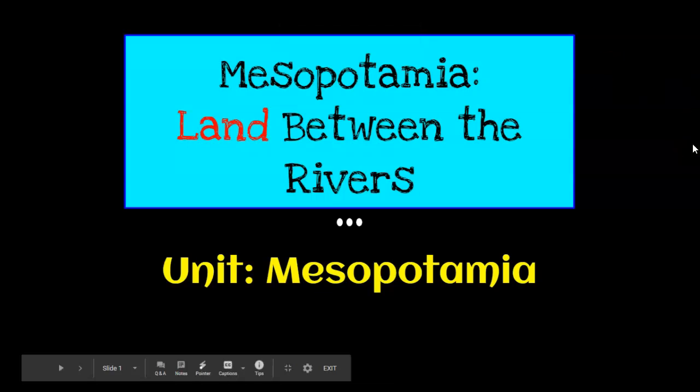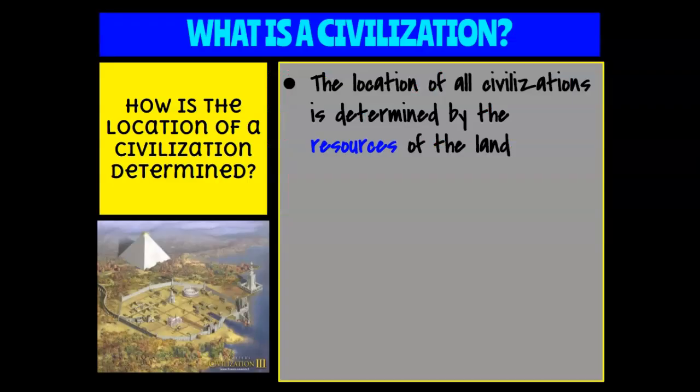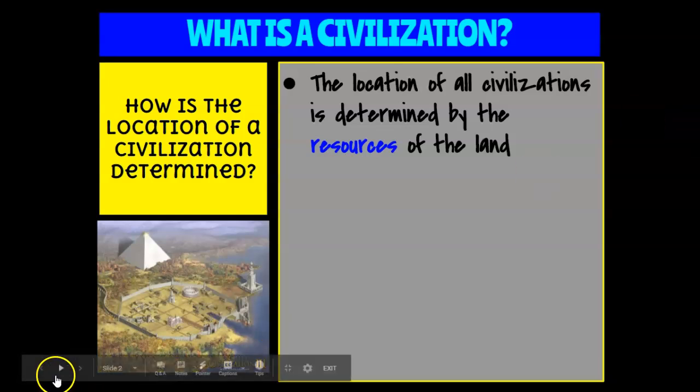So Mesopotamia means the land between the rivers. What is a civilization? And how is the location of a civilization determined? Well, the location of all civilizations is determined by the resources of the land. So people are only going to live where they can find the proper resources in order to survive.